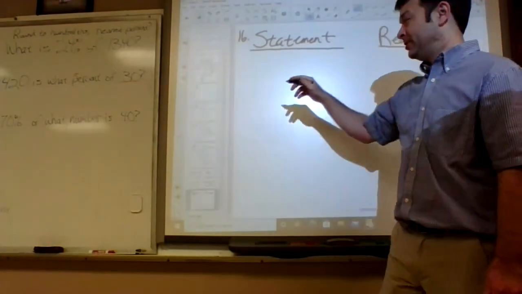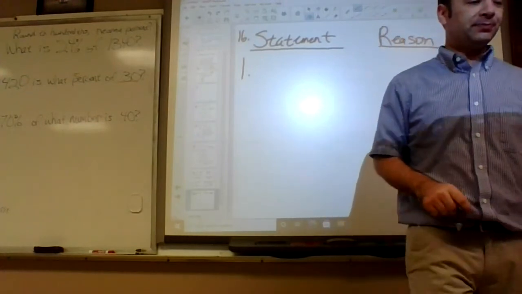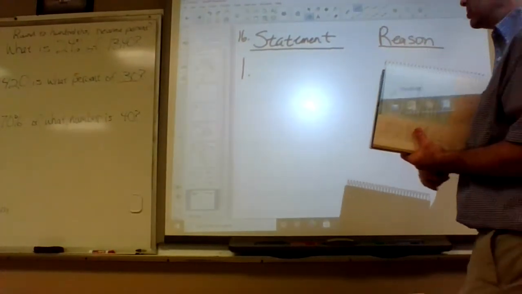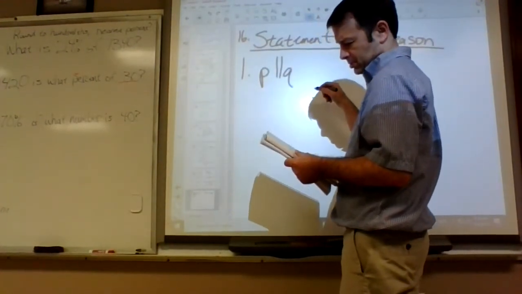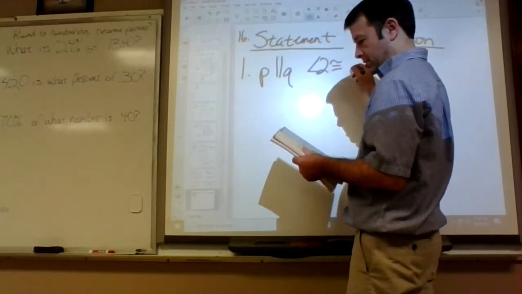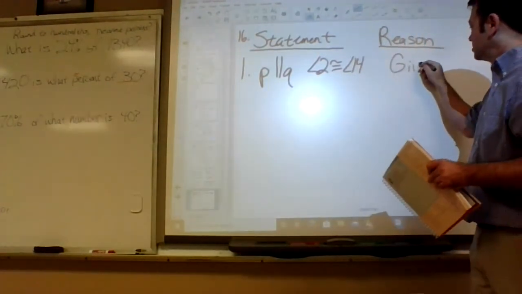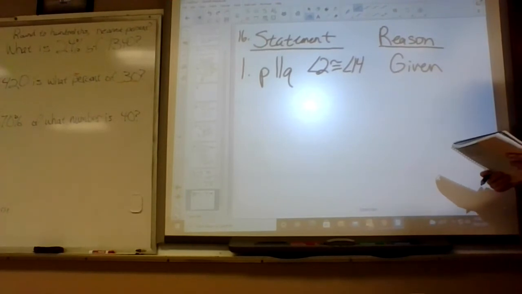Actually, me helping you with line 1 is probably not that much help, because guess what line 1's gonna be? P is parallel to Q. And angle 2 is congruent to angle 14.